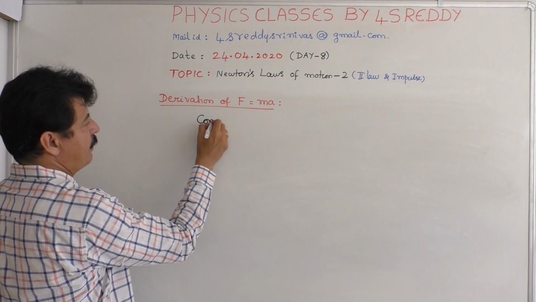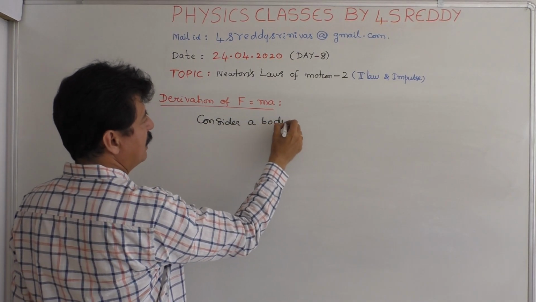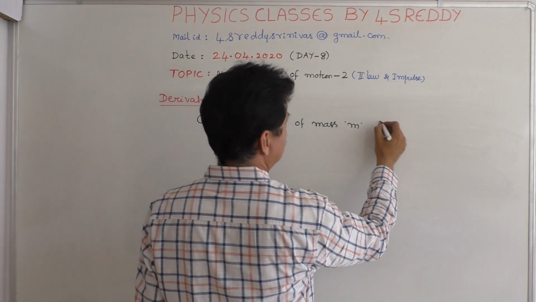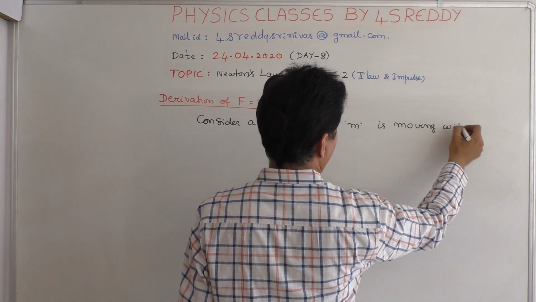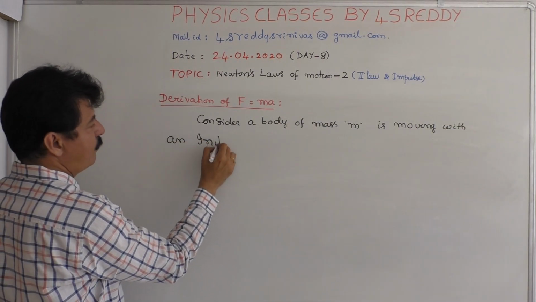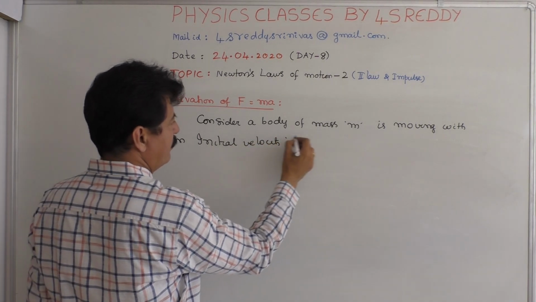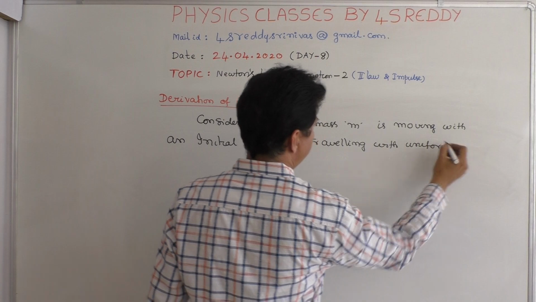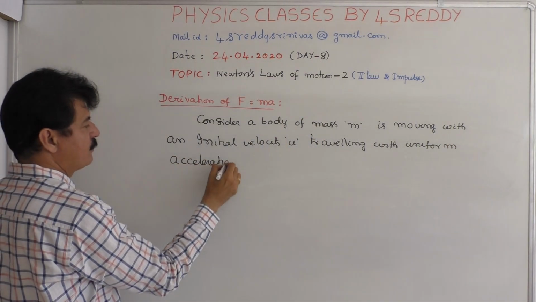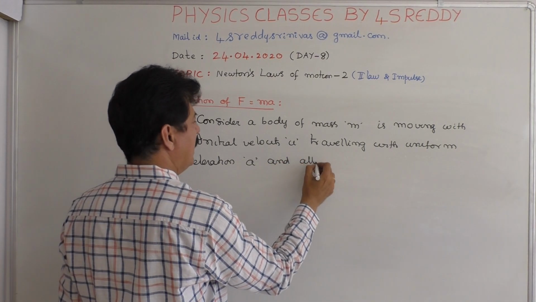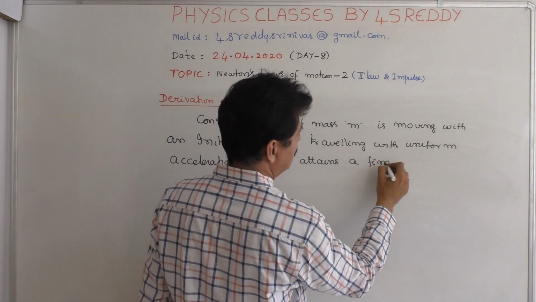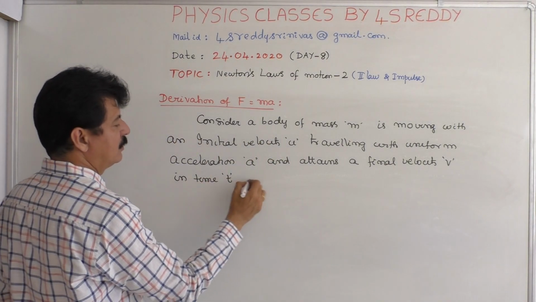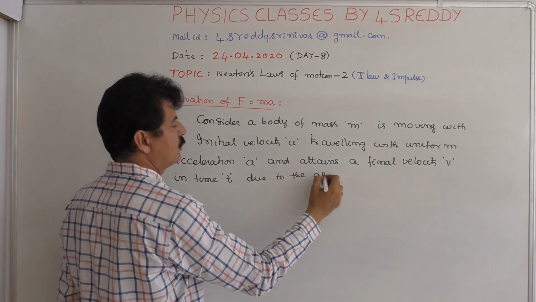First we have to consider a body of mass m moving with an initial velocity u, traveling with uniform acceleration a, and attaining a final velocity v in time t due to the application of force F.